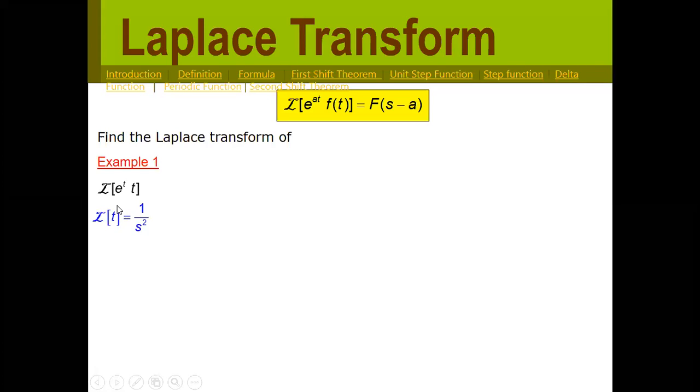N dia adalah 1. Sebab t kuasa 1. Bila t kuasa 1, n dia 1. So n factorial over s n plus 1, which is now n is 1. So 1 over s, 1 plus 1 is 2. Jadi 1 over s square.